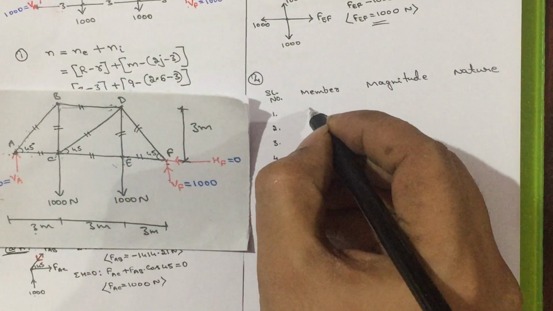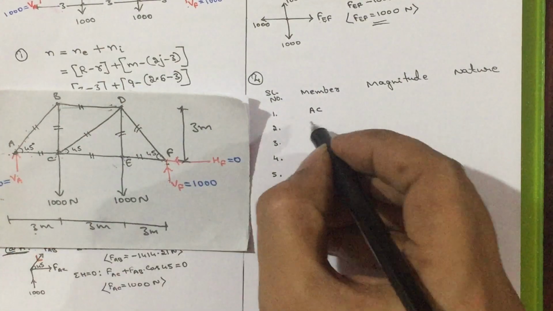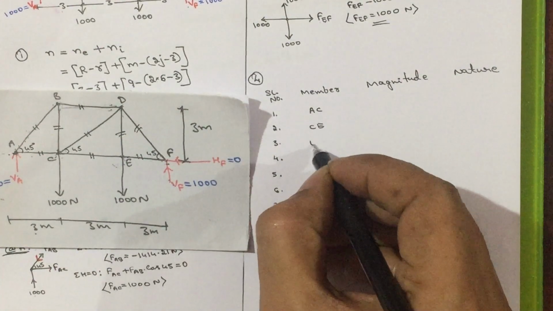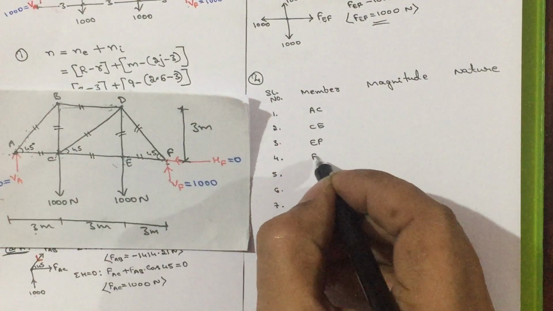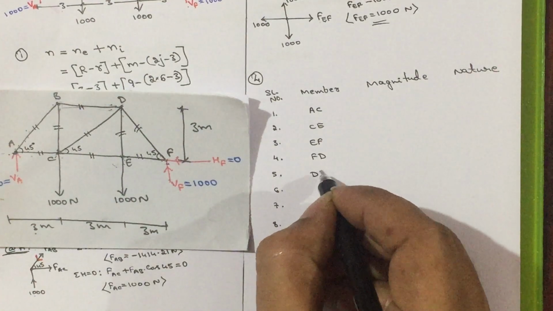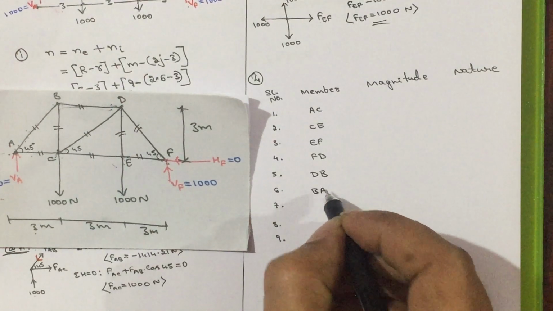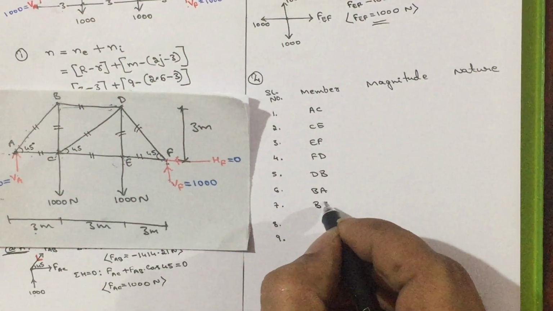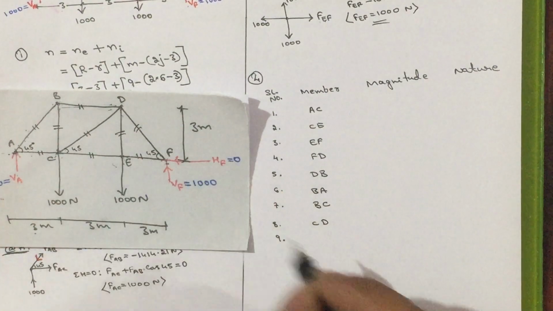I will write the members: AC, then CE, then EF, then FD, then DB, then BA, then inside members BC, then CD and DE.